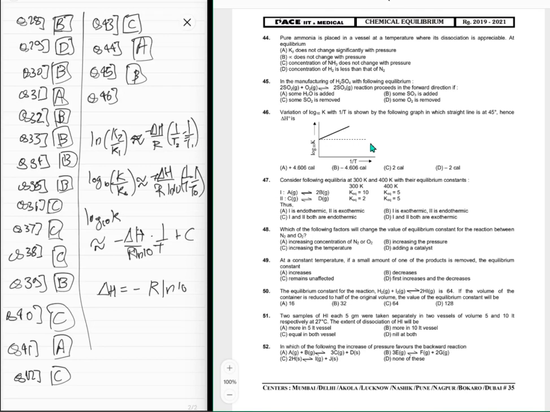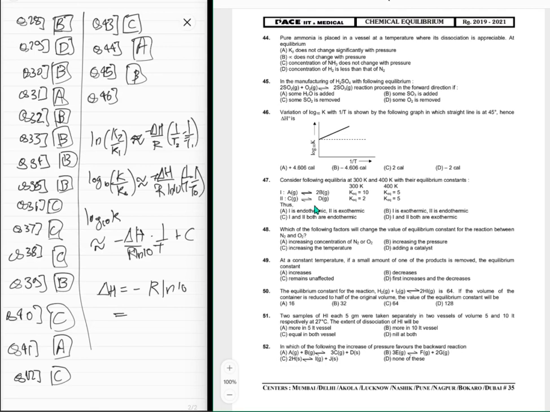R in calorie per Kelvin per mole, times natural log 10. Here we are not taking the units of temperature into account, so we'll just have it in calories.